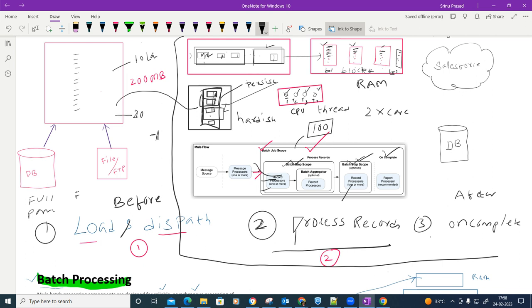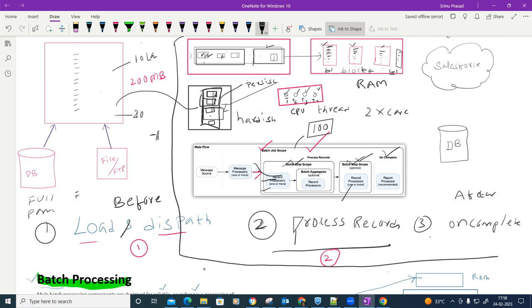So this is about the activities that happen in the load dispatch phase, process record phase, and on complete phase. Let me summarize today's session about these three. What happens in the load dispatch phase? It starts when we give input to the batch job component. All the remote data is copied to your local hard disk as a persistent queue.